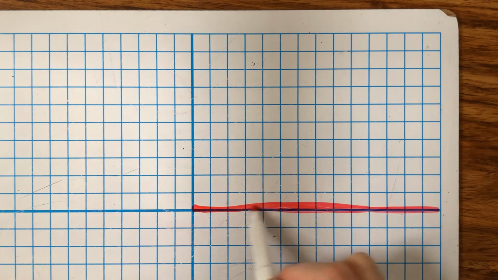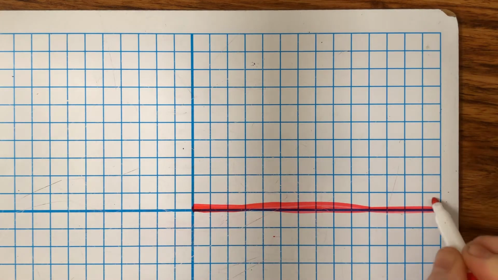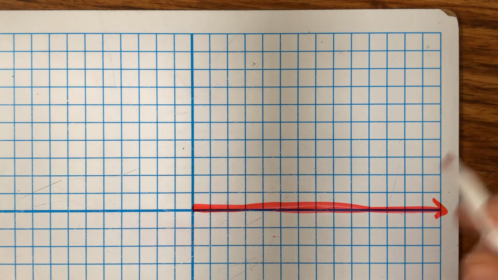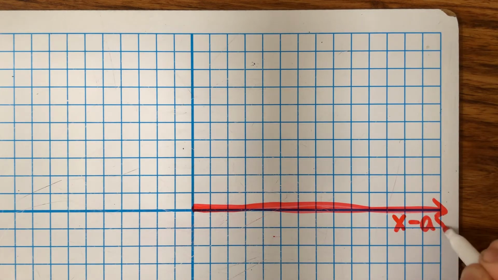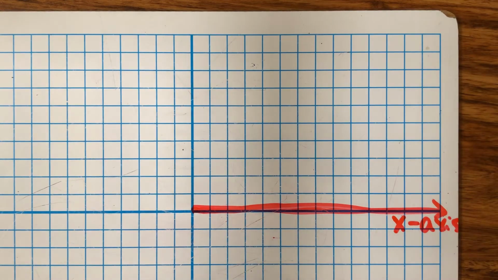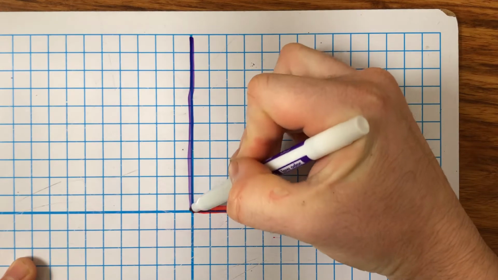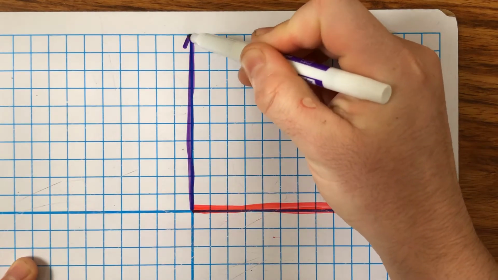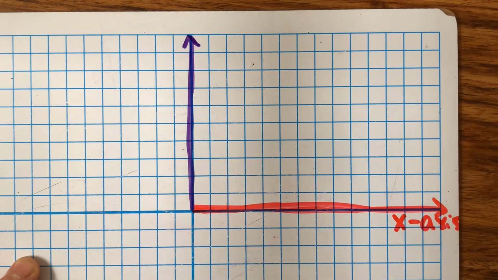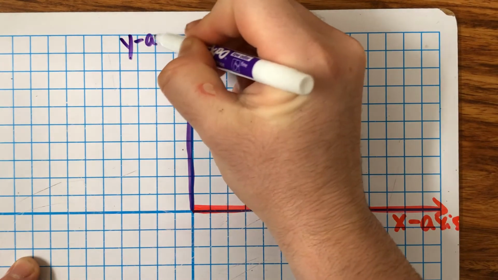Does anyone remember what this horizontal line is called on a coordinate grid? It's called the x-axis. So that means that the vertical line, my lines aren't very straight, what is that called? That's the y-axis.